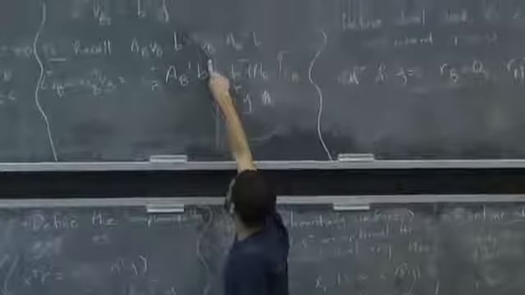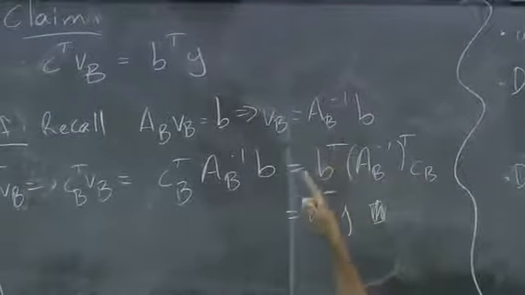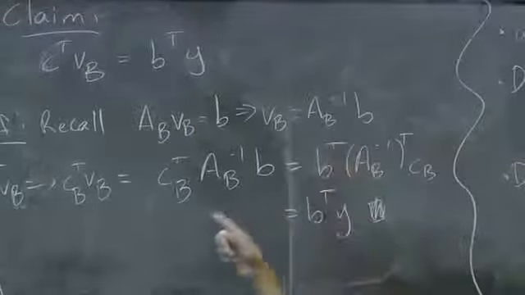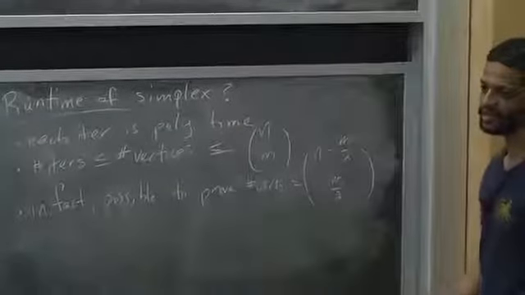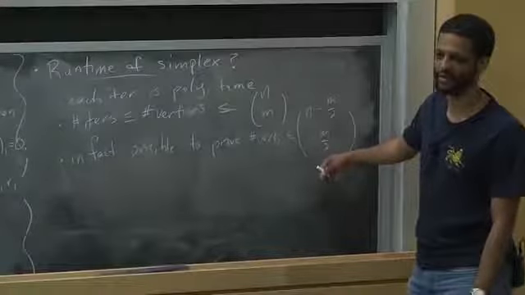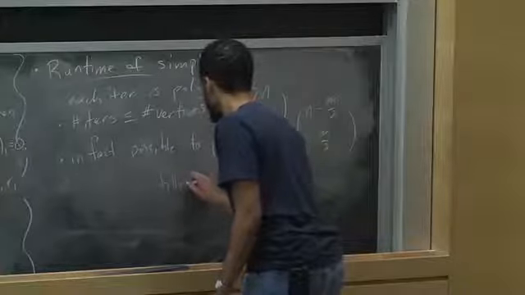Once you have a basis, how do you actually get the vertex corresponding to that basis? You do A_B inverse times B. And the point is, A_B inverse times B might not actually be a non-negative vector, and if it's not, then it's not in your polytope. It's not feasible. So if you're careful with that, it's possible to get a better bound. My understanding is that this is actually kind of hard to prove.